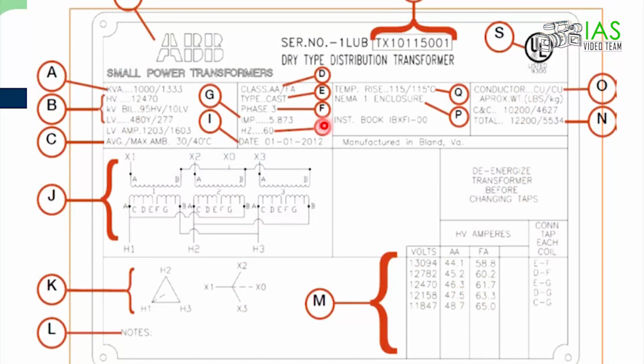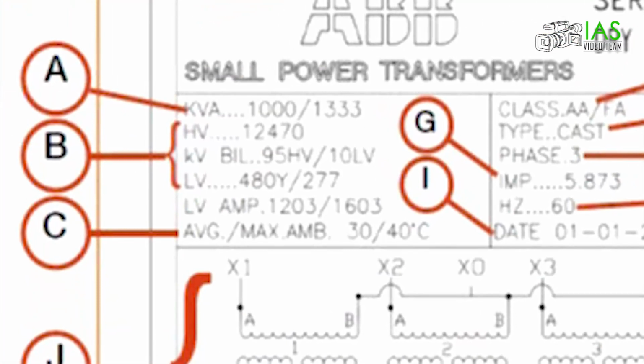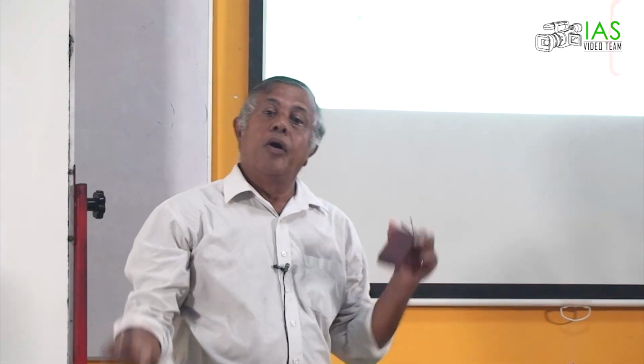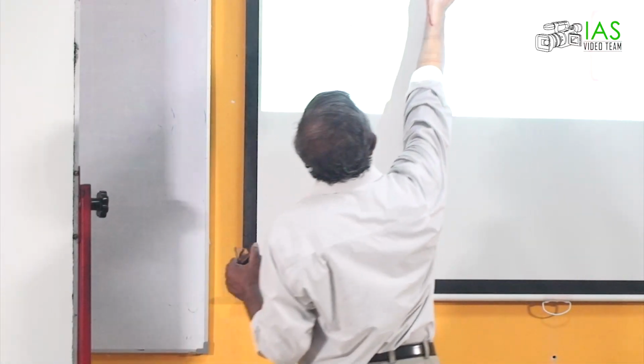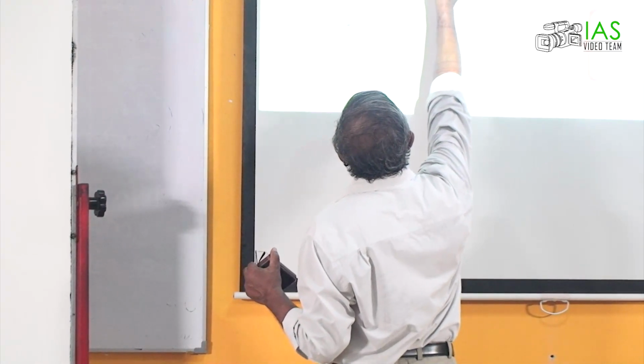So that is given here. It says, for an 11 kV transformer, it has 95 on HV and on LV 10 kV. He has not given whether this is the impulse or power frequency.